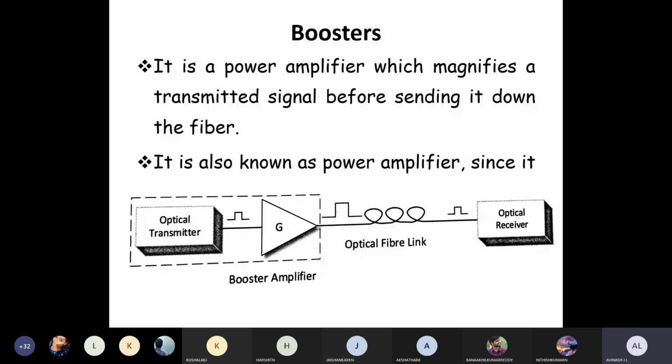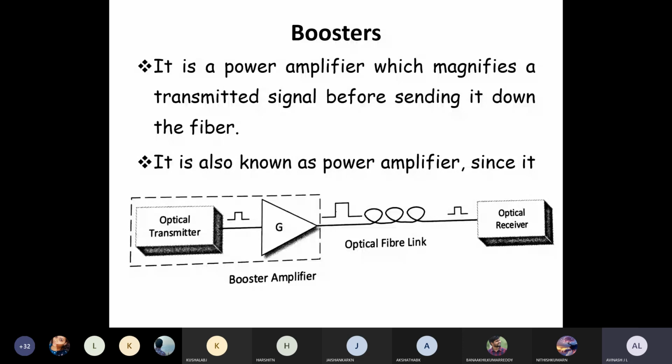The next type of amplifier is the inline amplifier. What is the meaning of inline amplifier? An inline amplifier amplifies the signal in the middle of the fiber optic link.